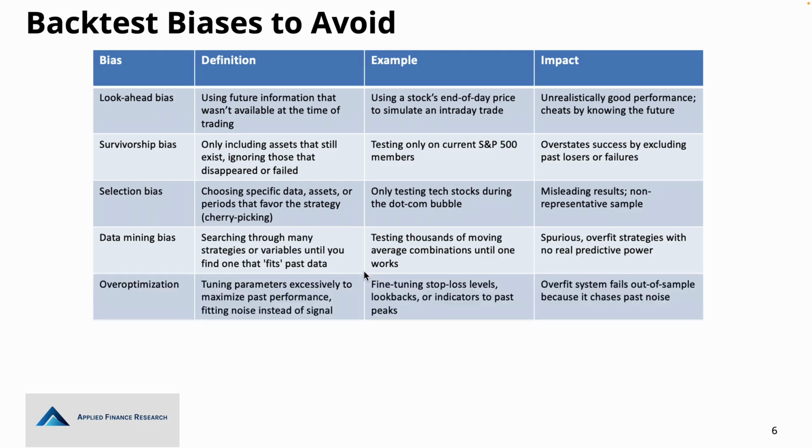The next bias is over-optimization. That's tuning parameters excessively to maximize performance over past data. Essentially what we're doing there is fitting to noise instead of to signal. An example would be fine-tuning stop-loss levels, look-back periods, and indicators, and doing that with a huge number of degrees of freedom.